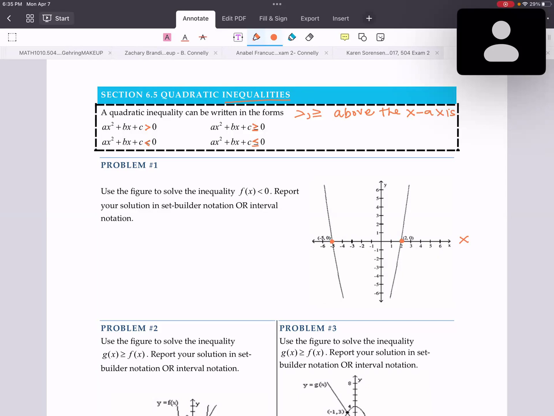Because we're saying it's greater than or equal to 0, and the x-axis is our 0 here. So if I had that inequality, then I'm looking above the x-axis. If it was a less than or equal to, then I'm looking at the graph that is below the x-axis.